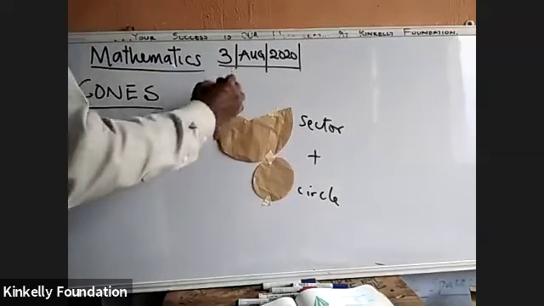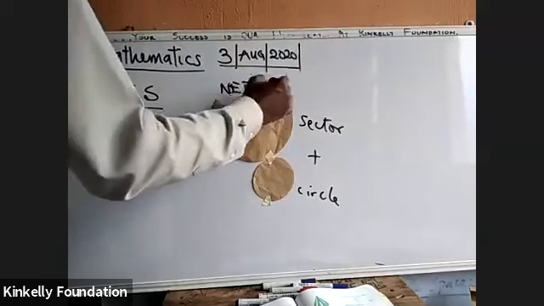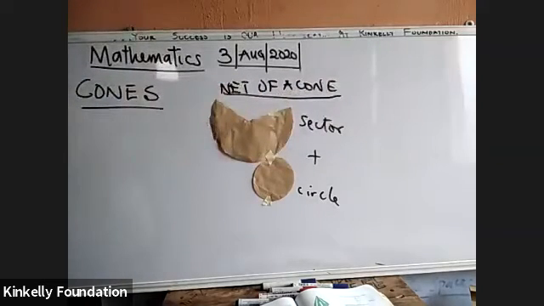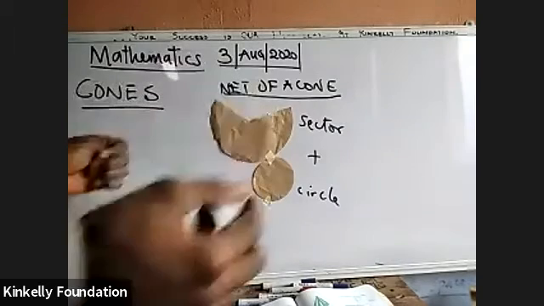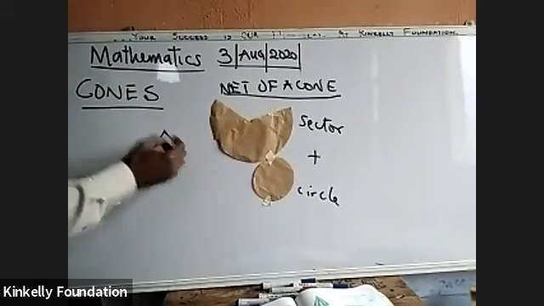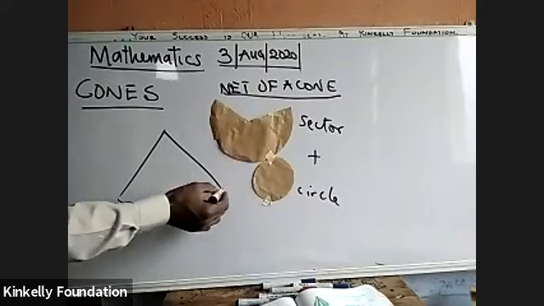This is the net of a cone. A cone is made up of what? A sector, look at the sector, and what? A circle.